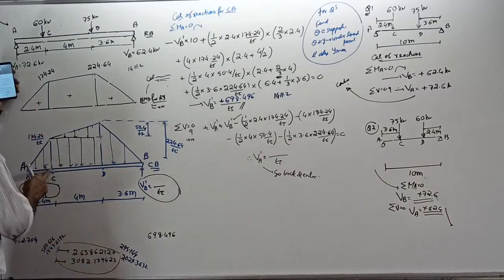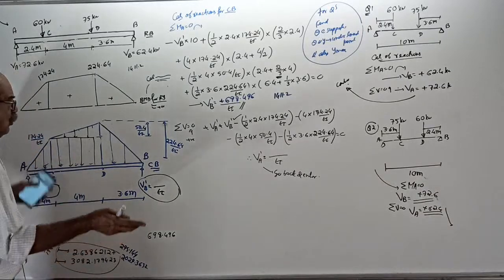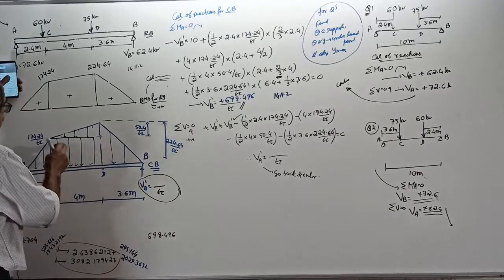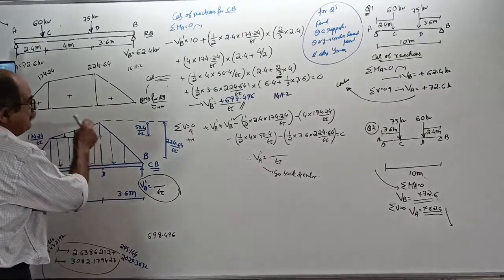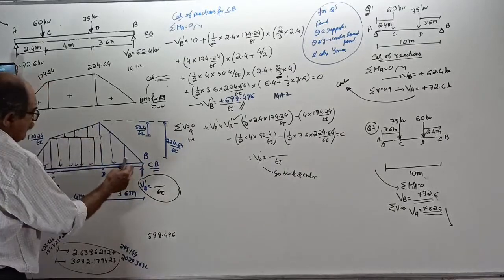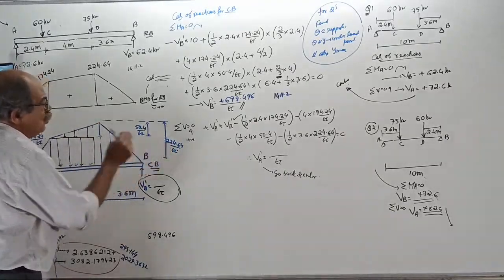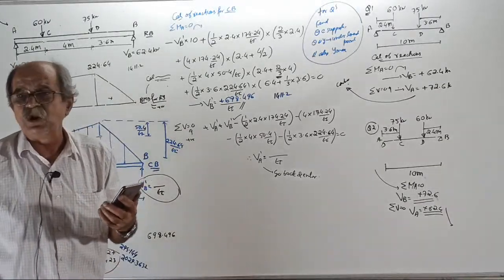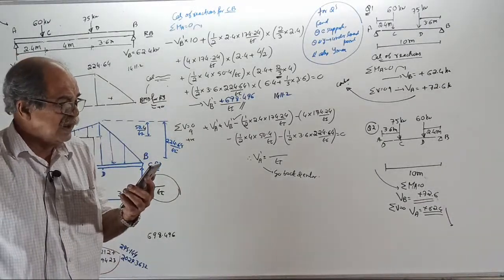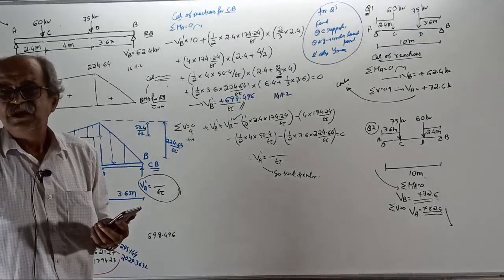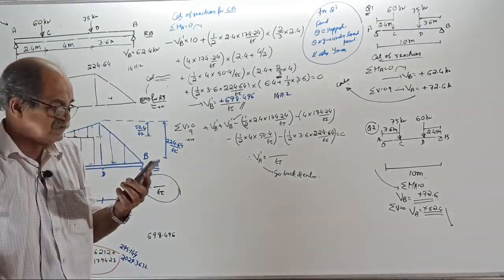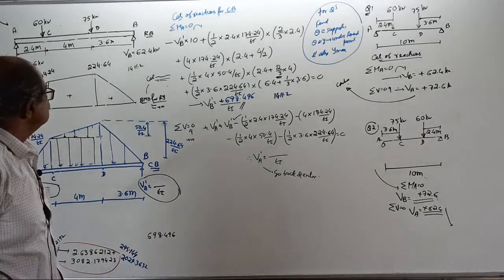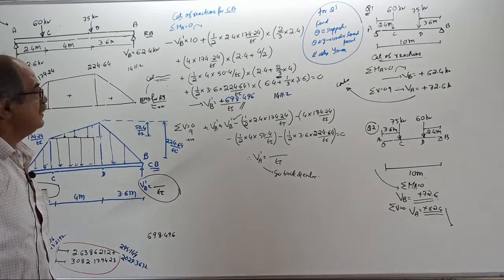Half into 2.4 into 174.24 plus 4 into 174.24 plus half into 4 into 50.4 plus half into 3.6 into 224.64. Calculate total load. I never leave chances. You are doing something wrong.